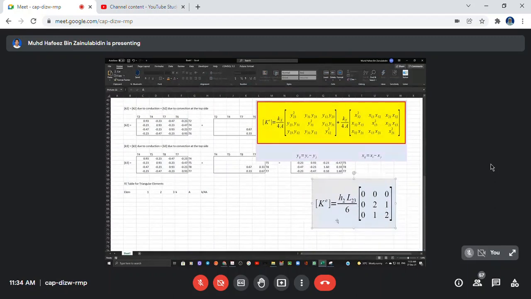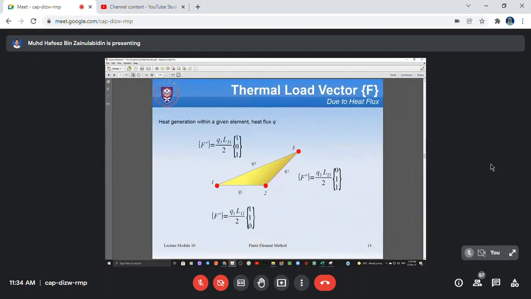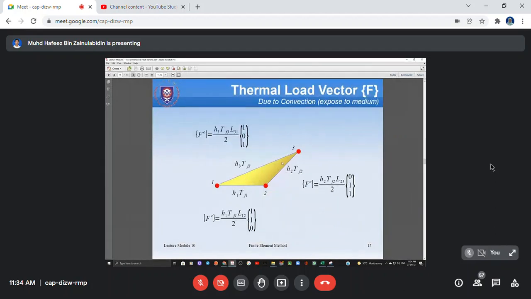Paste there. Okay, so we need H, L, and then HL over 6. Okay, the next one, F, due to convection.